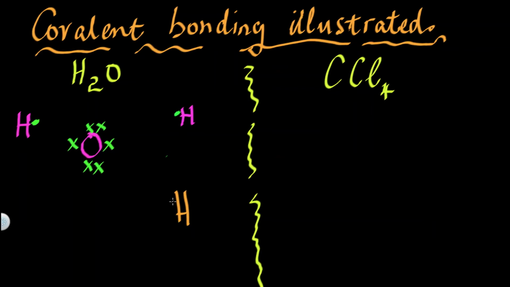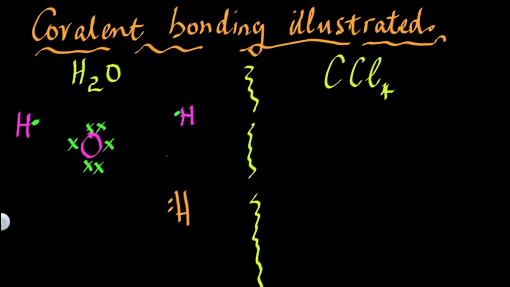It has 2 valence electrons. But hydrogen has got 1, so it needs another electron to be like helium, to have the electronic configuration of helium. It needs 1 more electron.